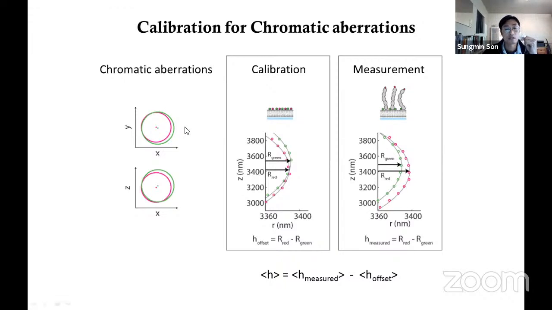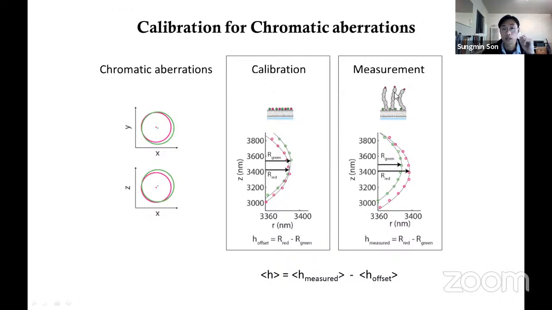And the size of this is actually different both in the lateral plane and also in the vertical plane. So to first predict the actual radius of the two different red and green circles, you have to measure the midplane in different locations in the z direction, right? So instead of taking just one snapshot in the midsection of the beads, I'm taking a stack of images and then trying to estimate the midplane for both the green and red color circles.